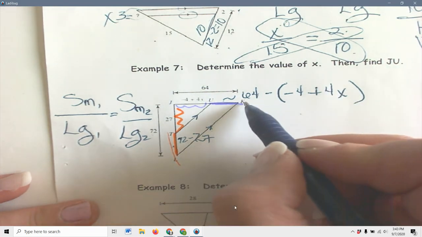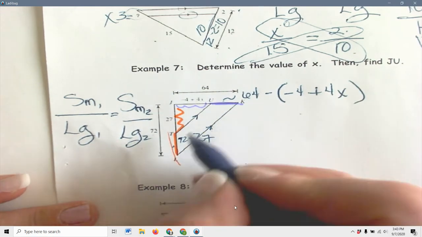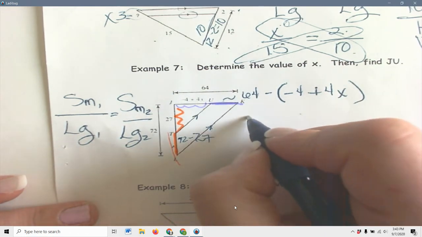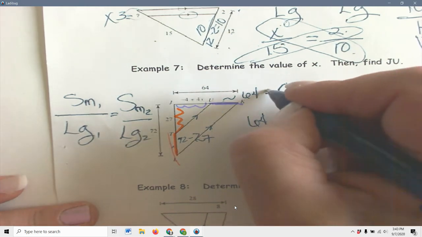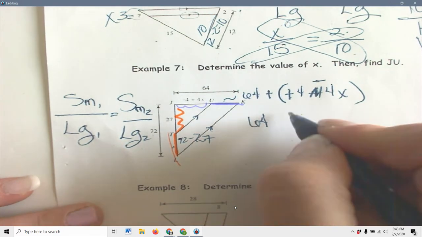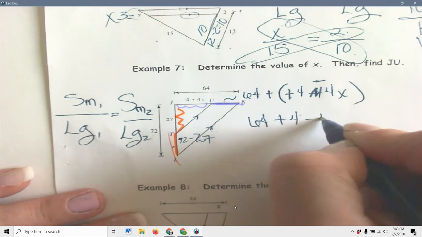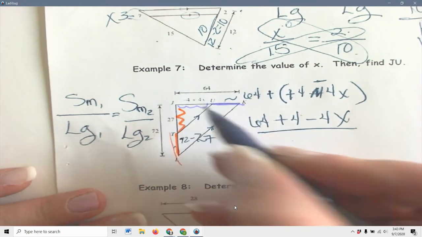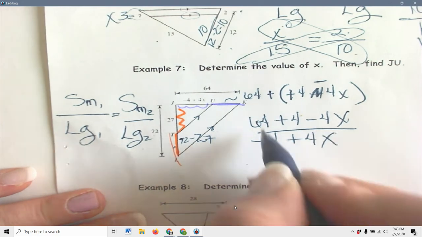So what we want to do now is put both of the matching sides. So we'll go 64, and then when we subtract here, we'll add, and these signs will change. So we'll have 64 plus 4, minus 4x, and that'll all be over negative 4 plus 4x, 4x on bottom.